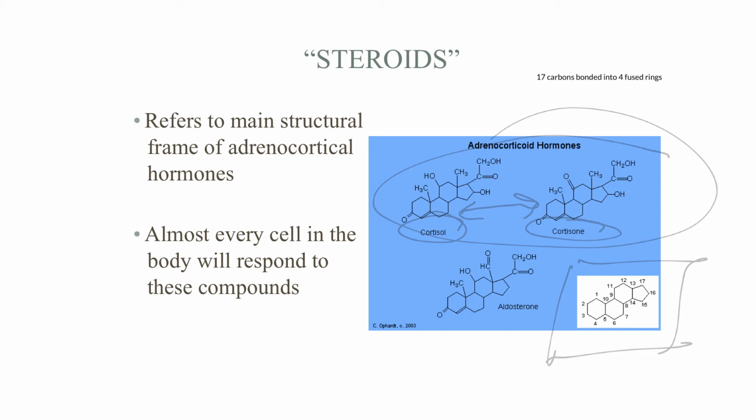And cortisone is reversibly altered into cortisol as soon as it enters the body. And then vice versa, cortisol can be converted reversibly into cortisone. Various alterations will lead to the formation of aldosterone, which isn't going to affect things like glucose metabolism, but more so the mineralocorticoid effects like electrolyte retention.